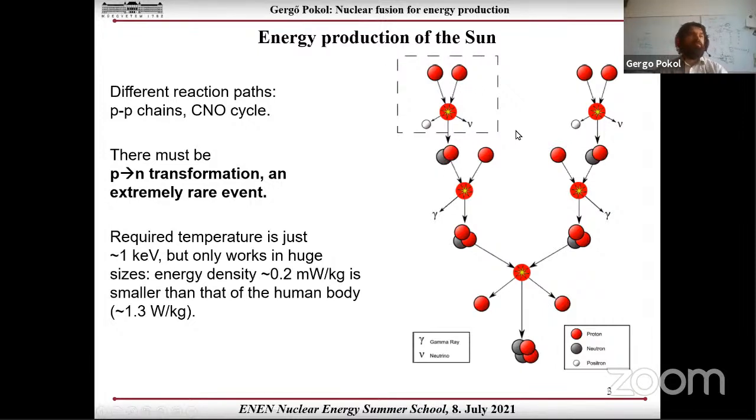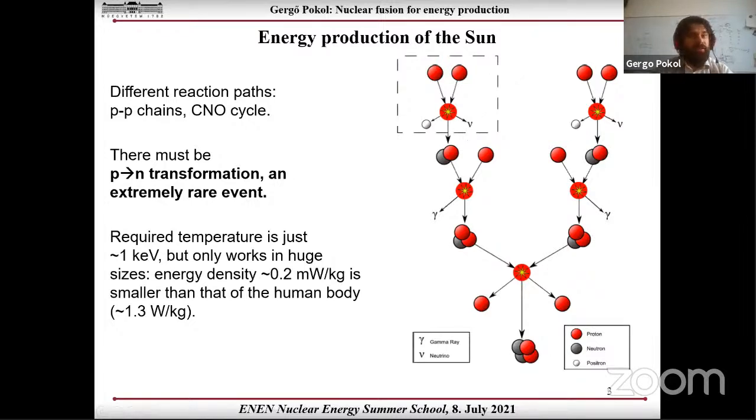So in the sun, we have quite high temperatures. Of course, I'm talking about the core where this takes place, and it's about 16 million degrees Celsius. And second, we have to note about this reaction that it's kind of slowish.